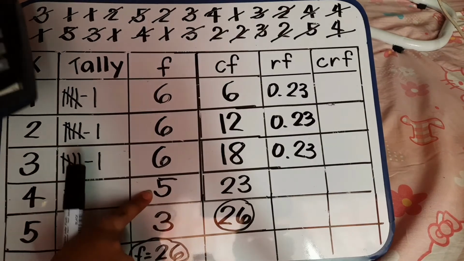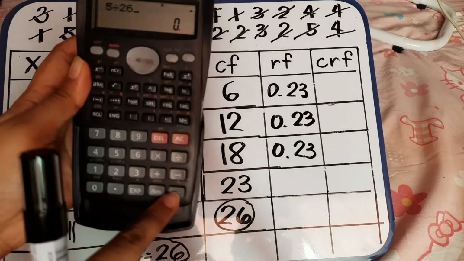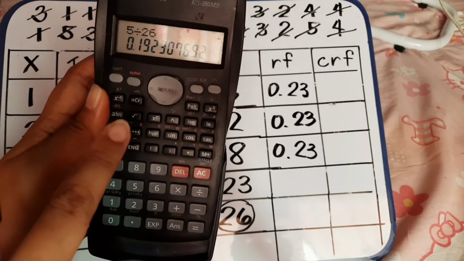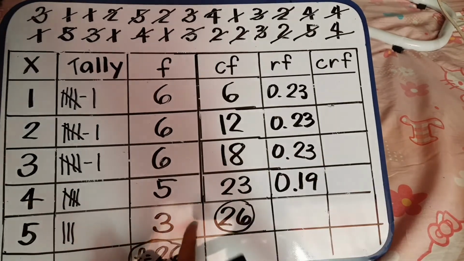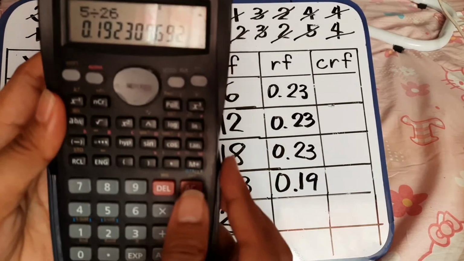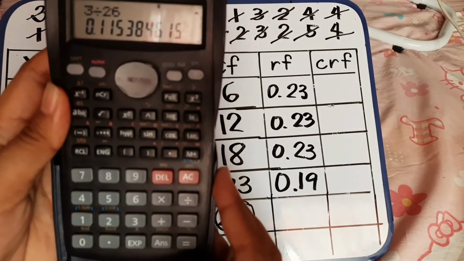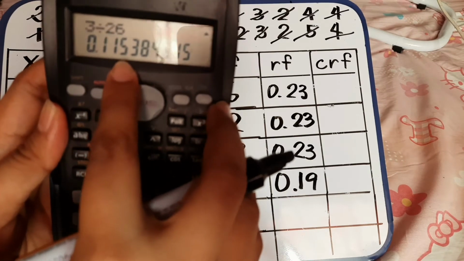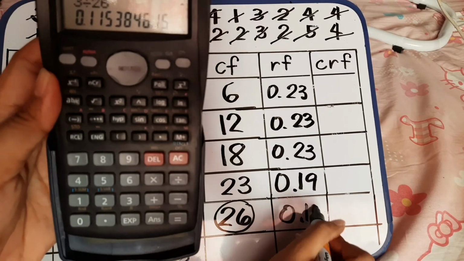Now, 5. Okay, so 5 divided by 26, and that is 0.19. Okay, 0.19. And 3, we have 3. So, 3 divided by 26, we have 0. Okay, since 5 yung nasa ikatlo niyan, so mag-estimate na tayo. So, this will be 0.12.